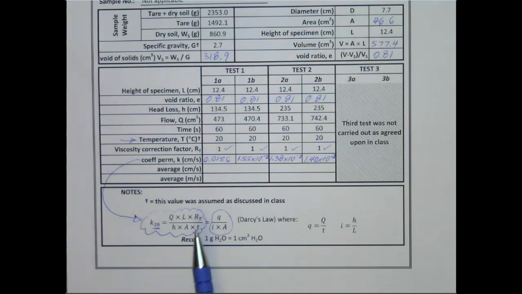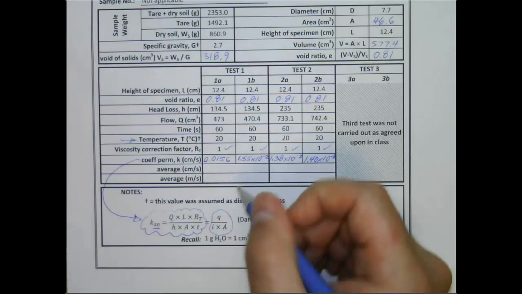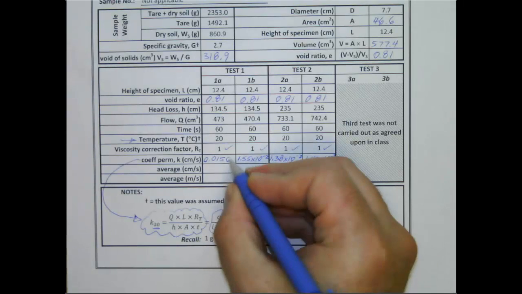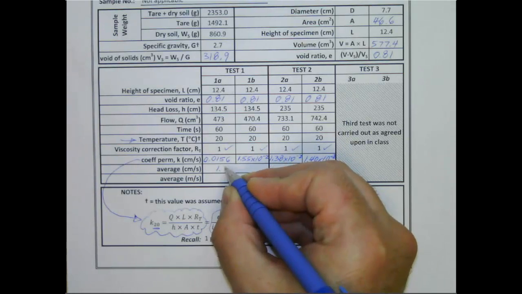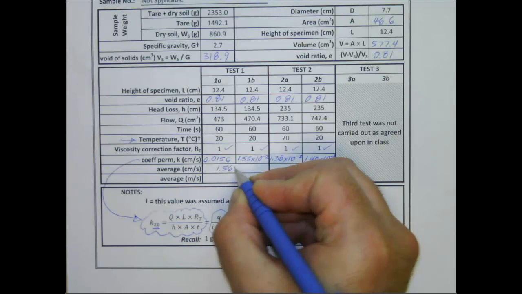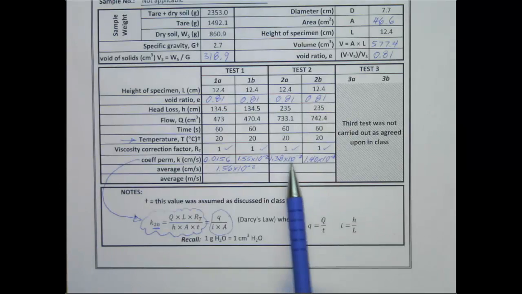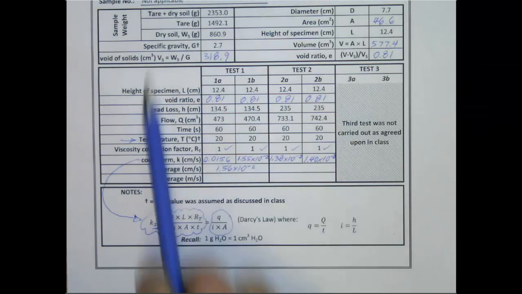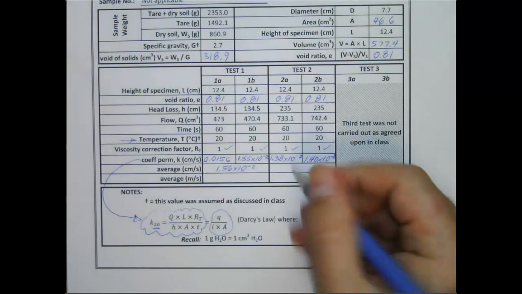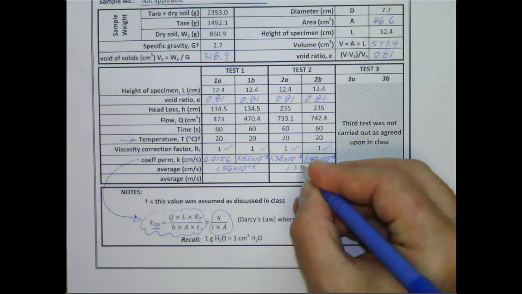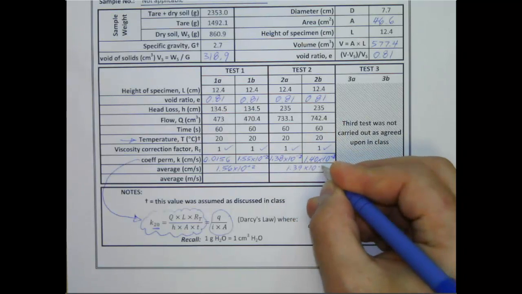We did it twice, just in case the first time we didn't do it correctly. So the average between these two numbers is, again, expressed as 1 point and then 2 digits, 1.56 times 10 to the minus 2. Similarly, for test 2, for this example here that is not yours, it's 1.39 times 10 to the minus 2.